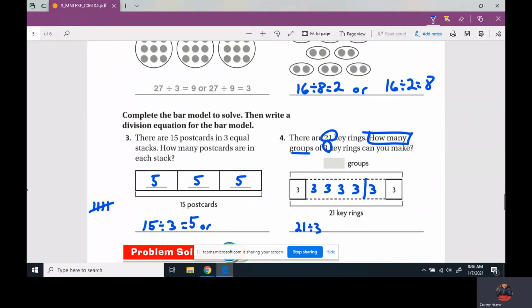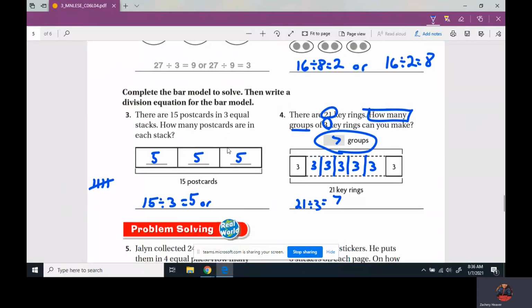So now let's break them apart. How many groups do we have? We have 1, 2, 3, 4, 5, 6, 7. 7 groups. It's right here. Okay. Remember, skip counting is important. Knowing your multiplication is important. If you do not know your multiplication, it's going to be a little bit tougher for you.